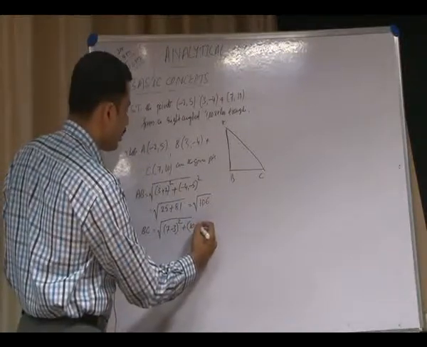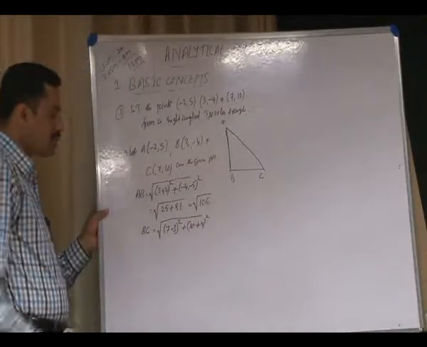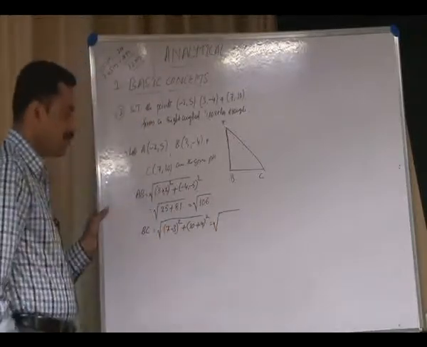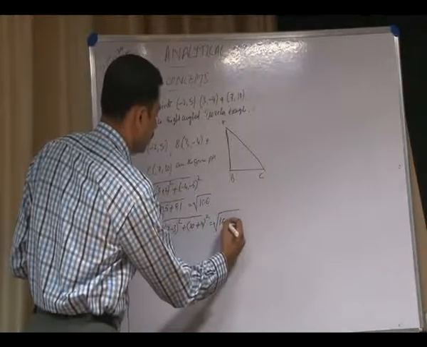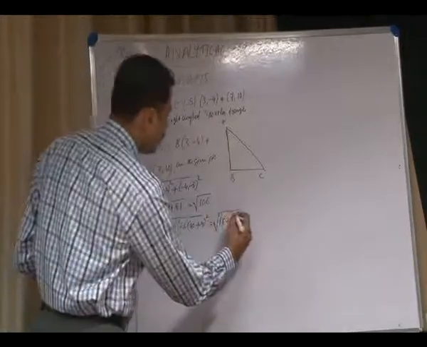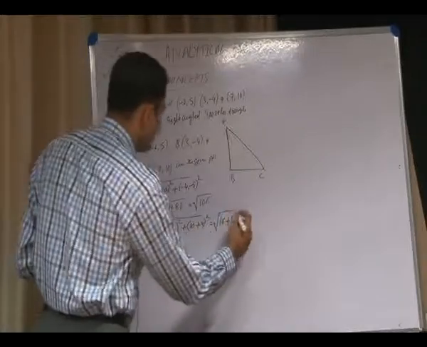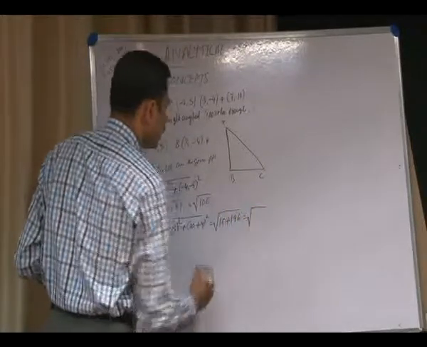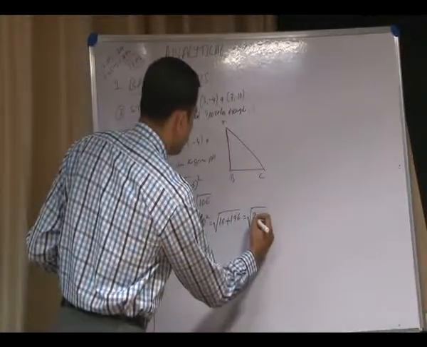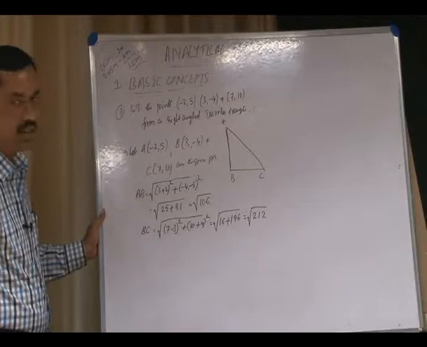Minus of minus becomes plus 4, so 10 plus 4 whole square. Simplifying, we get square root of 7 minus 3 is 4, 4 square is 16, plus 10 plus 4 is 14, 14 square is 196. Adding these two, the distance BC is equal to square root of 16 plus 196, that is 212 units. That is the distance between B and C.